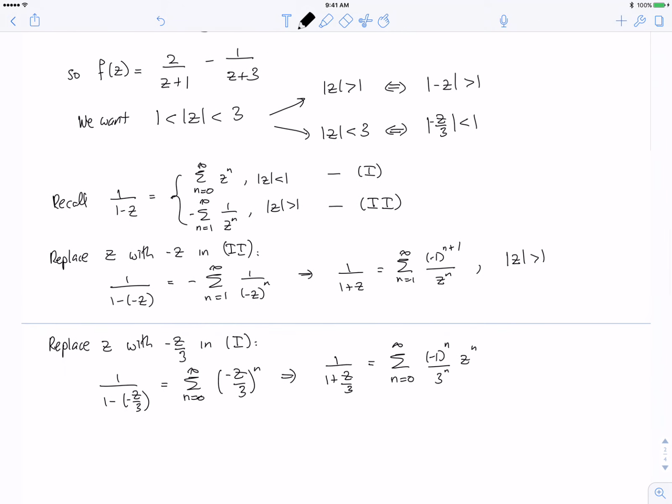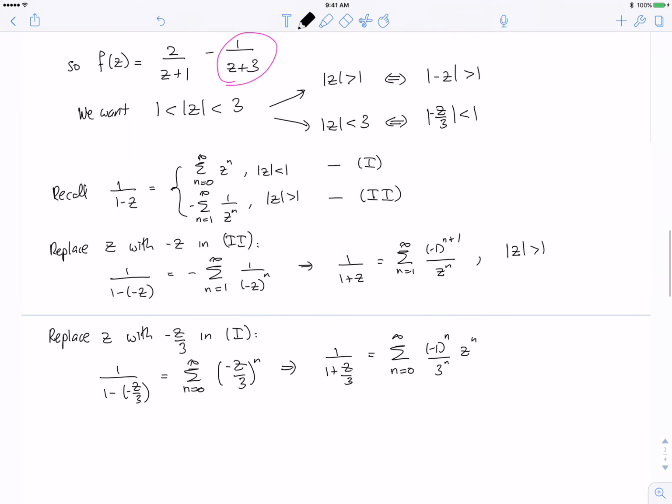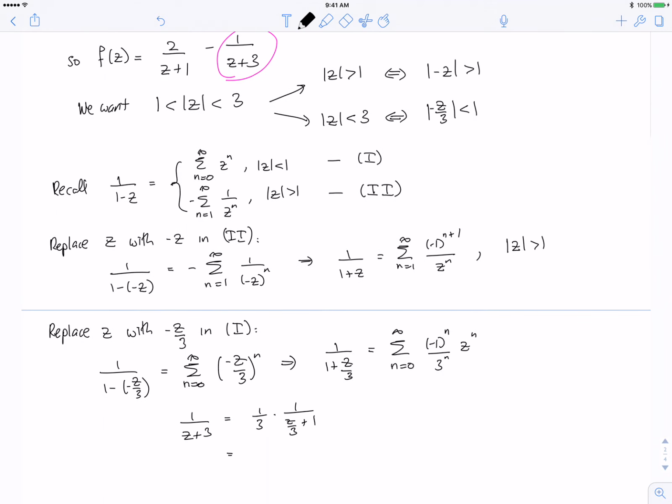But keep in mind, I want to get a series expansion for 1 on z plus 3. This guy, right? Not really interested in 1 over 1 plus z over 3. So how do I do that? Well, I know that 1 over z plus 3, this can be written as a third times 1 over z on 3 plus 1, right? So all I have to do, I have to stick a third in front of the series I just found.